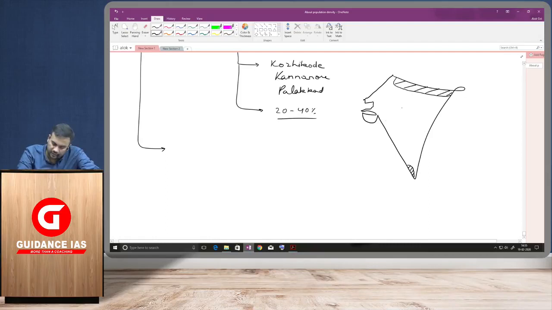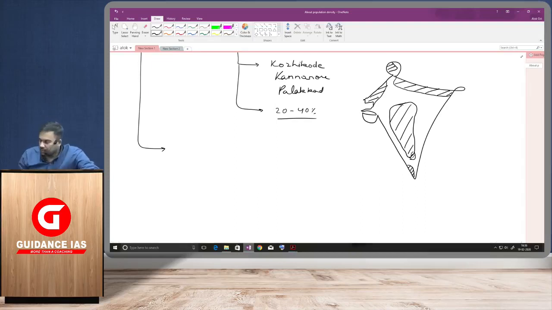Another area where you will be finding it has spread is this Deccan belt, which includes the Mysore and all those areas which are part and parcel of this. Then another area which you will be finding is the Kashmir Valley region. Another area is this dry region of Rajasthan.